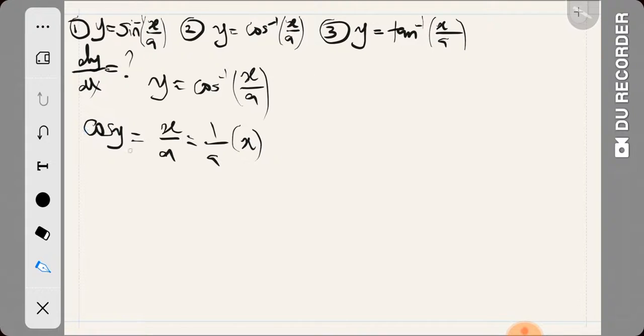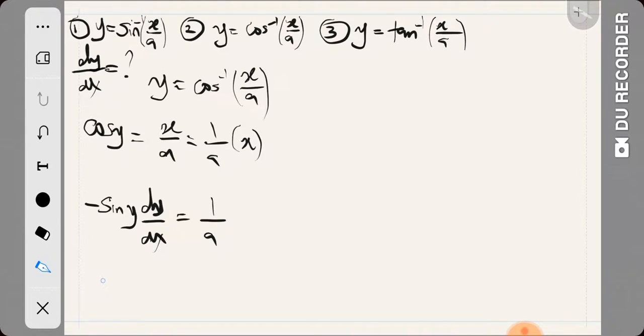Then we differentiate both sides. If you differentiate cosine of y, you have negative sine of y. Since you differentiated a dependent variable, you put dy over dx there. If you differentiate x you just have 1, and 1 times 1 over a is still 1 over a.